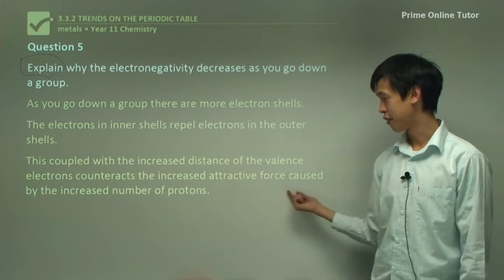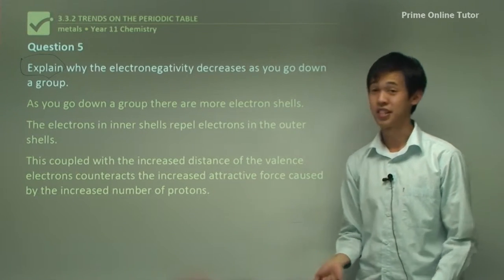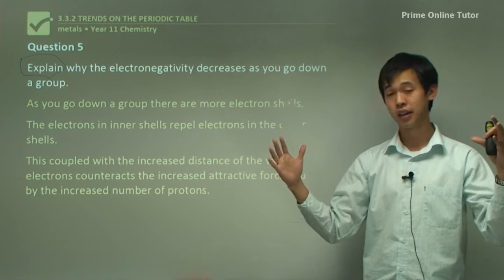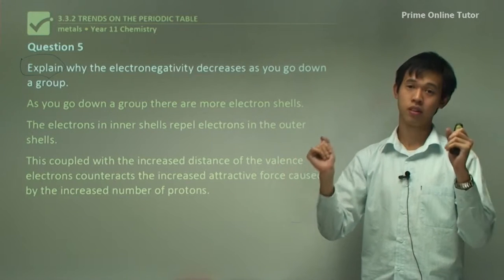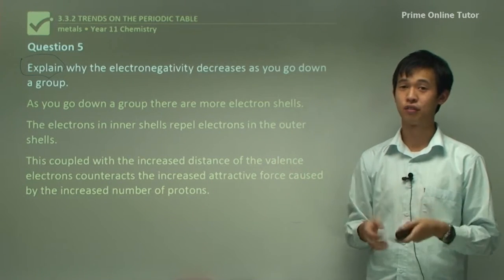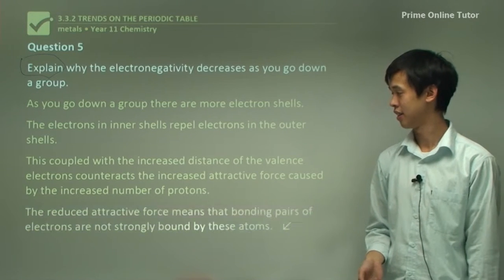The increased attractive force caused by the increased number of protons is offset by the fact that the electrons are now further away. Also, the inner electrons are repelling the outer electrons, so the attraction force is very much decreased.